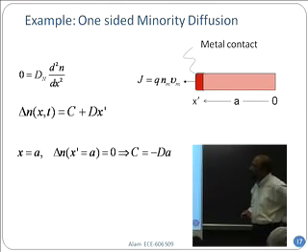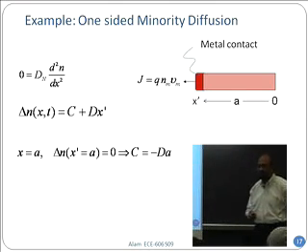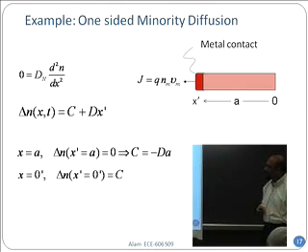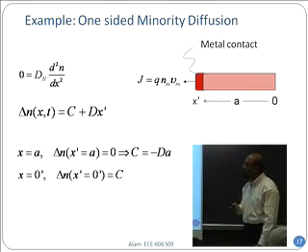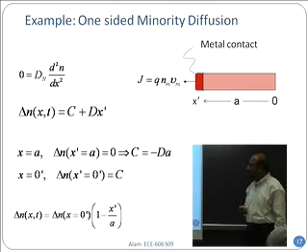So if I have that equal to 0, I can put it in and relate C with D. And I just put x prime equals A. So that's one. And at x equals 0, delta n will be equal to C, right? Because I put x prime equals 0, so then I get this.